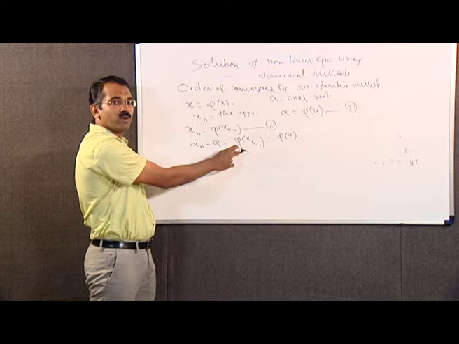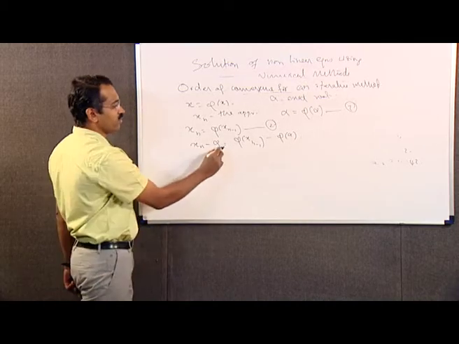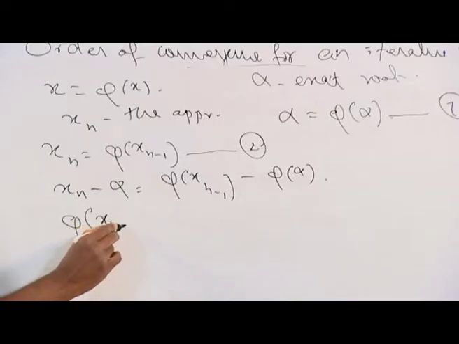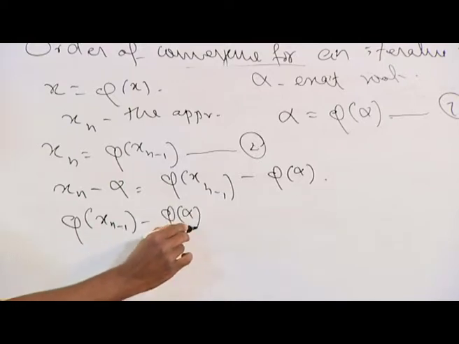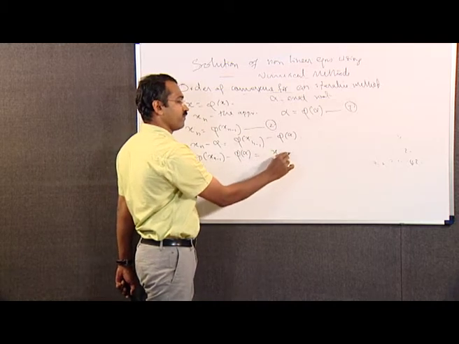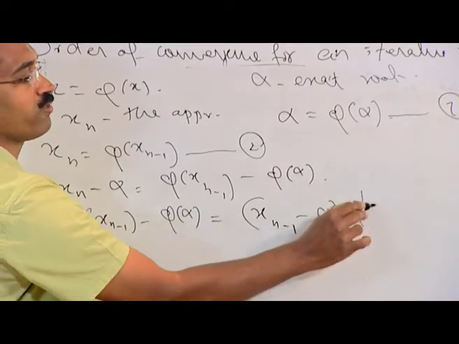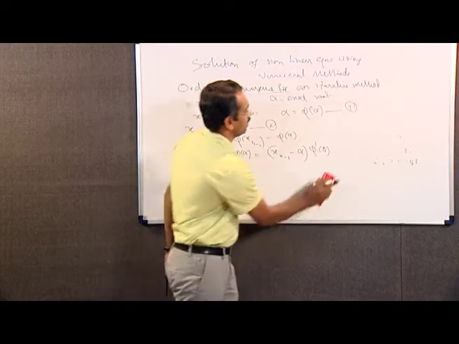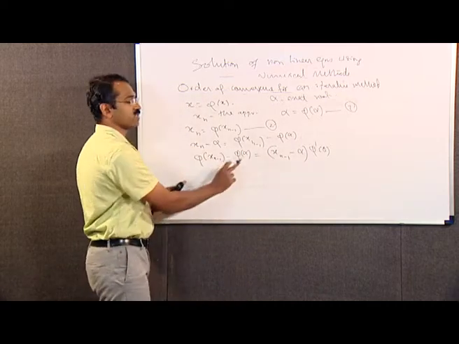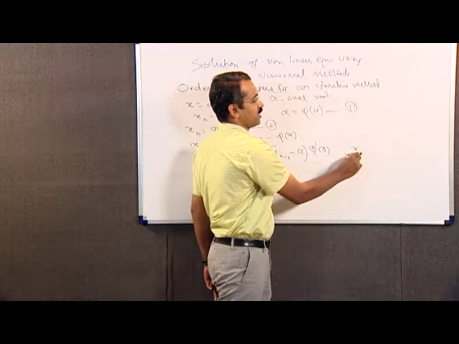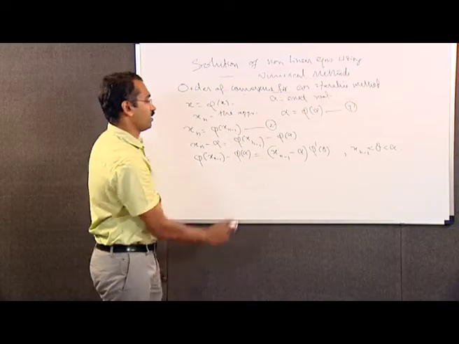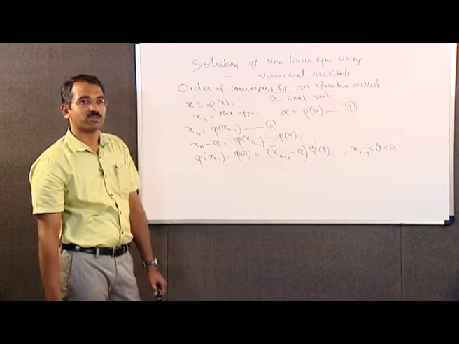By the mean value theorem of differential calculus, phi of x n minus 1 minus phi of alpha can be written as x n minus 1 minus alpha into phi dash of theta, where theta is a constant in between x n minus 1 and alpha, that is x n minus 1 less than theta less than alpha. This is from mean value theorem of differential calculus.